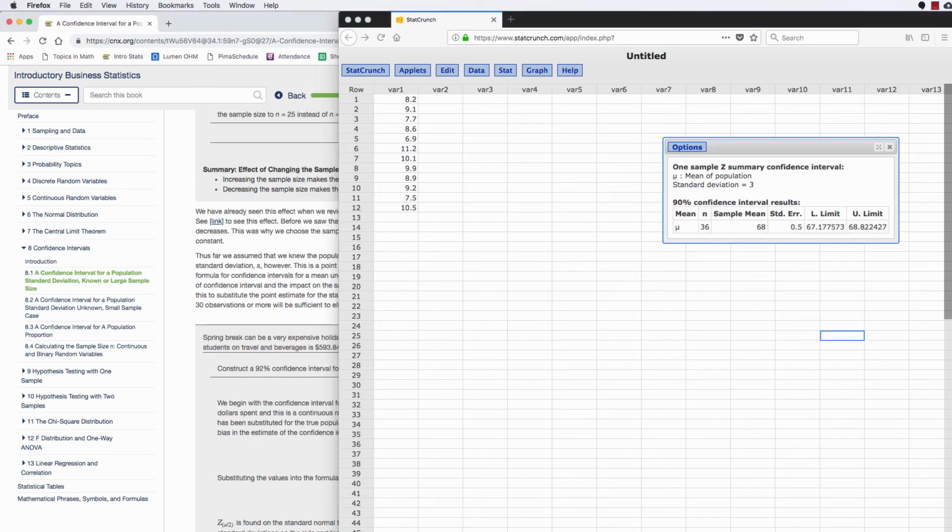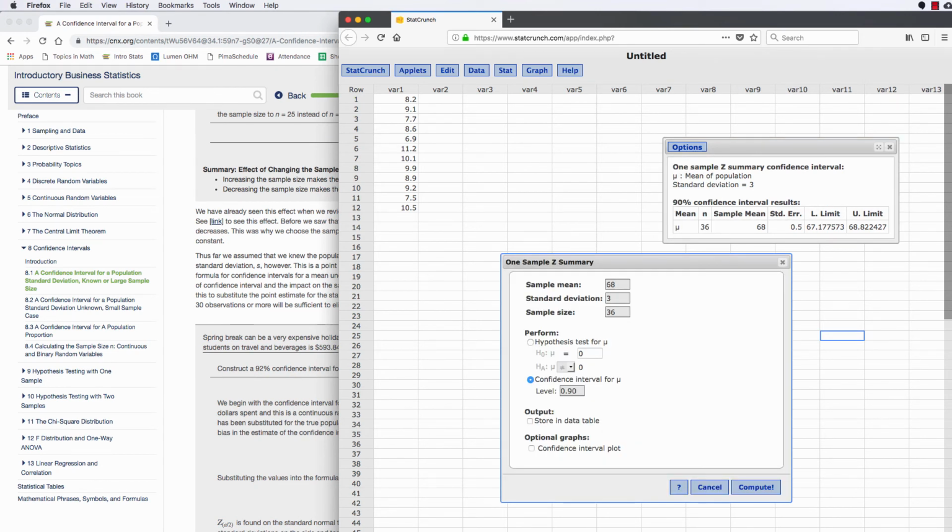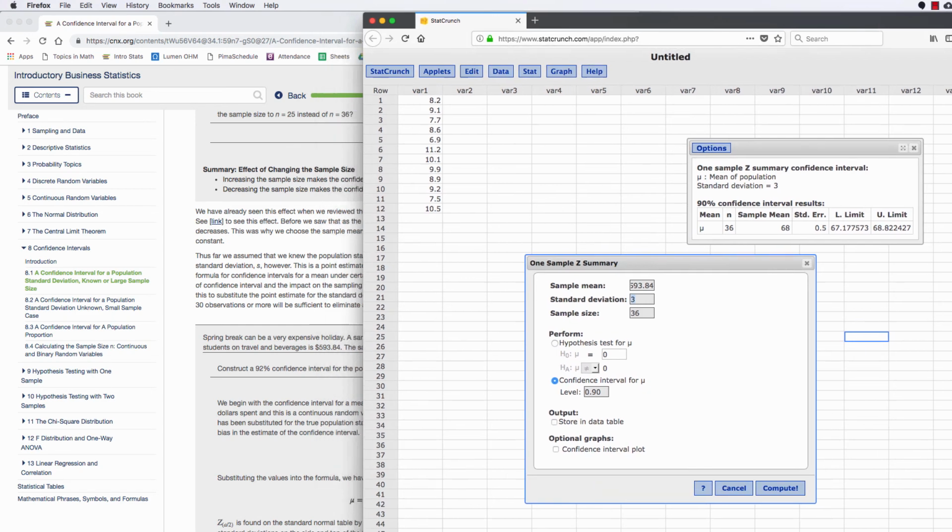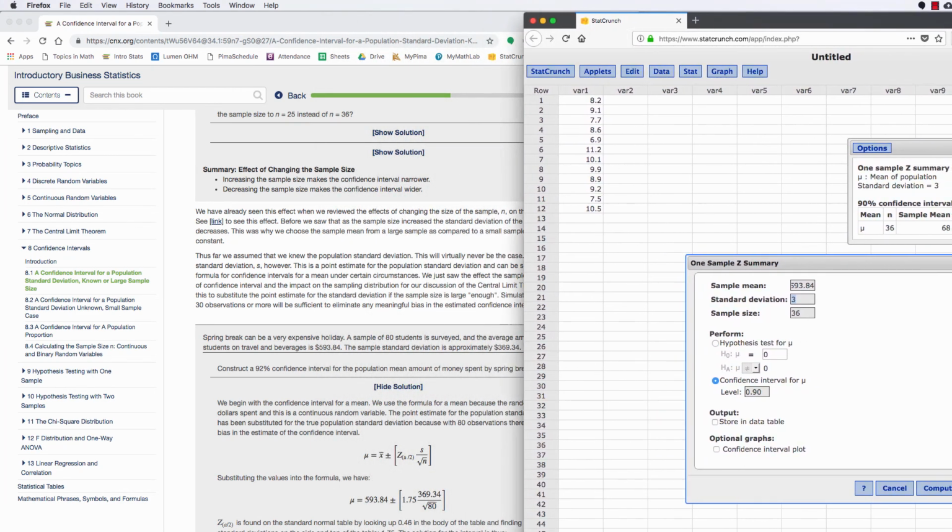I can come back up here, options, edit, and I can recalculate things. If I need to change this, maybe I made a mistake and I want to adjust it, or I can start with a new problem. The sample mean for this second problem was 593.84. The standard deviation was 369.34.